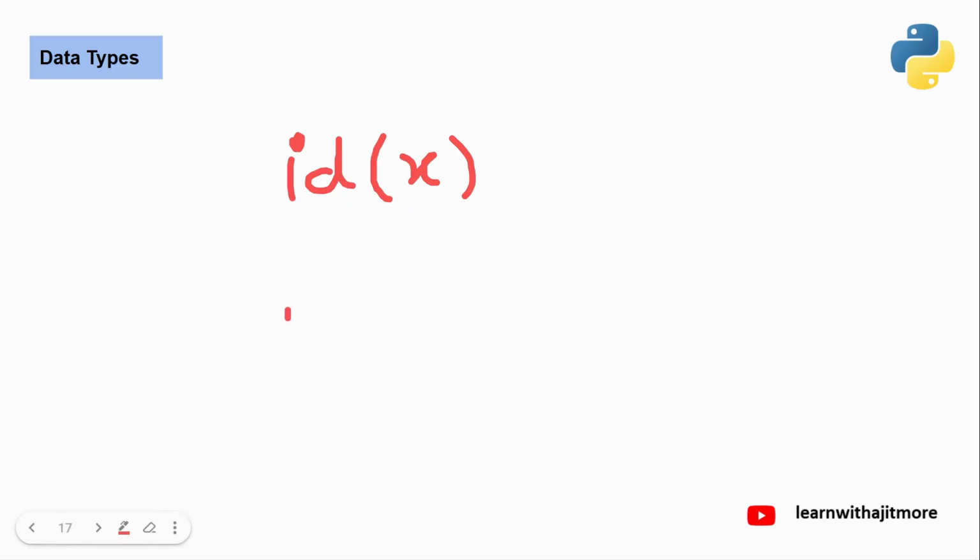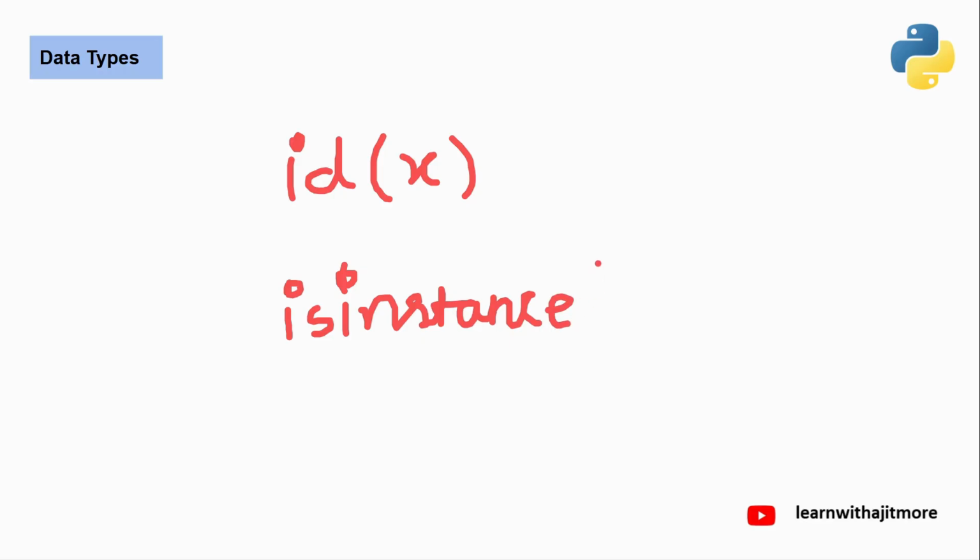Getting? And then there's one more function called isinstance. Instance means copy. Copy means object. Getting? So if you want to find out whether the object is an object of that class, then use this function isinstance. Give your object and give the class name.